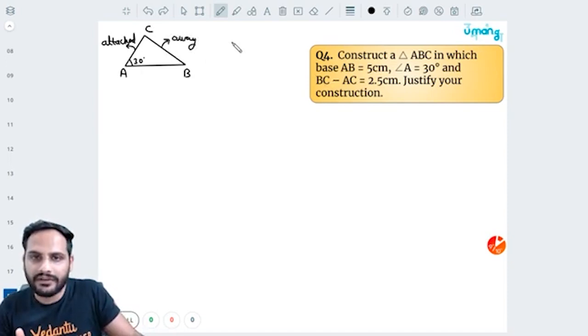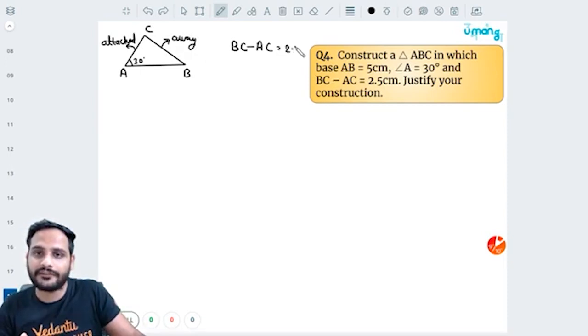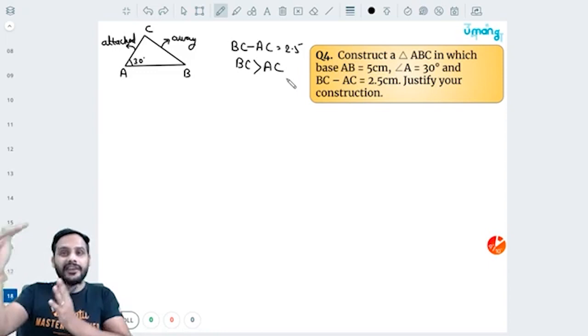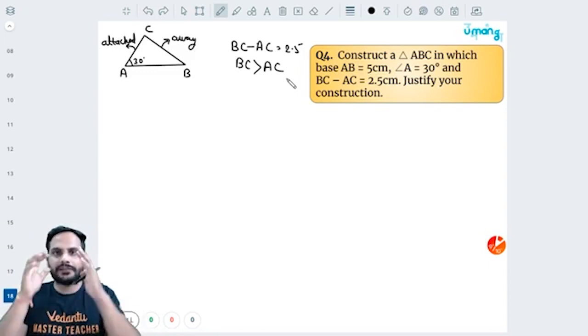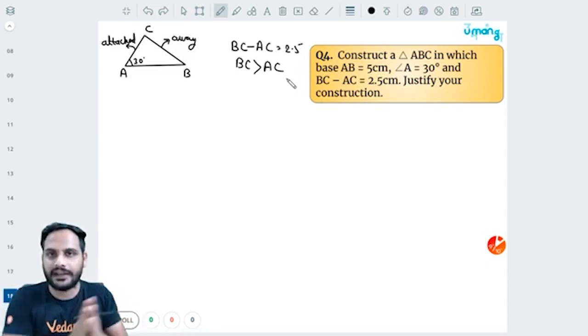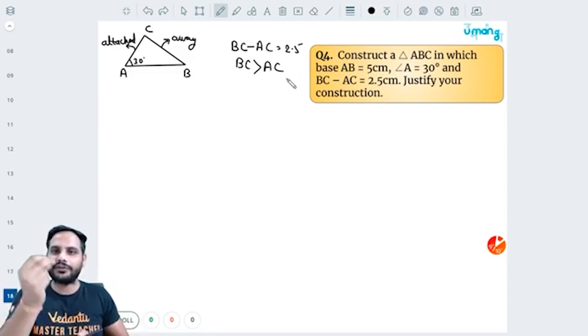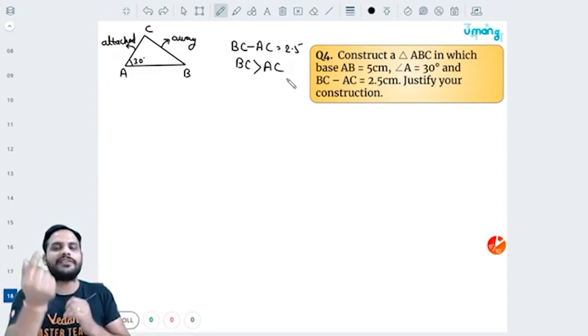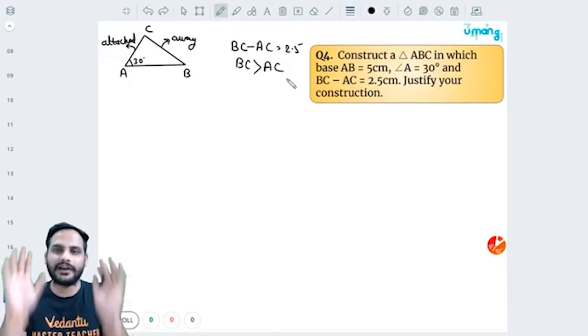Now they have given BC minus AC is 2.5. That means BC is greater than AC. So the side which is away from the base angle is greater than the side which is attached to the base angle. So there is a small change. What is that small change? I'll tell you. Only one small step changes, the rest is again similar.